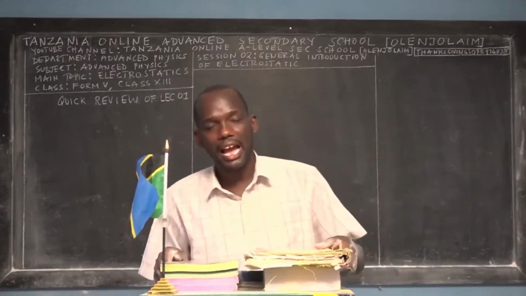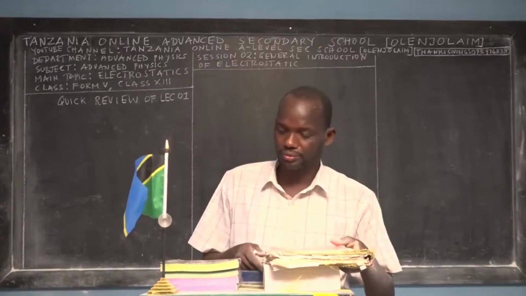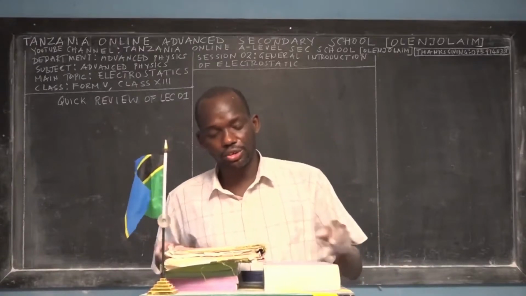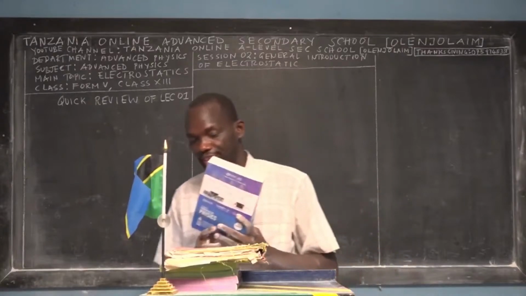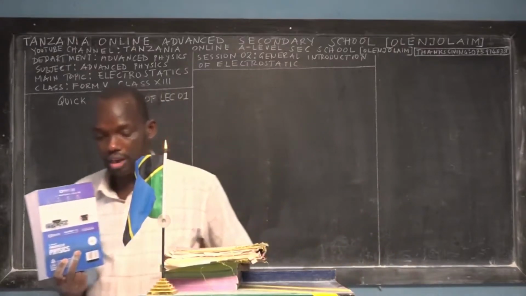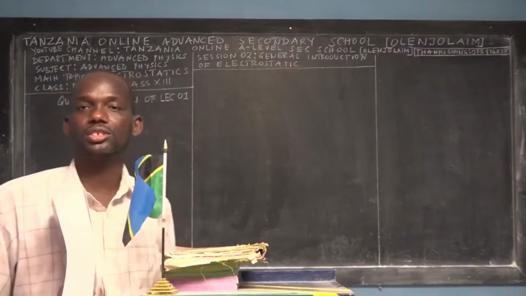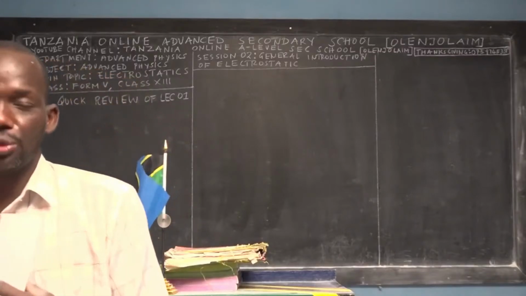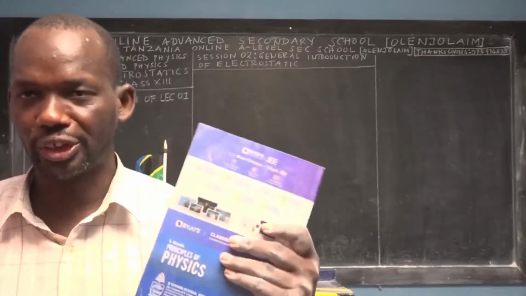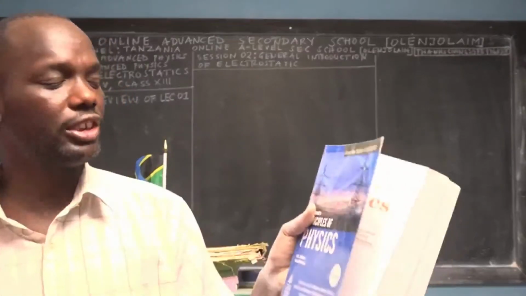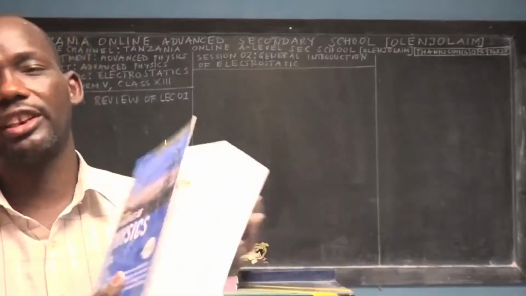So now I want to take you into session 2. But when I take you into session 2, I would like to remind you of some of the items that you need when you are learning physics, and especially electrostatics. You need at least 1 or 2 textbooks beside you on your table when you're learning this stuff. So this is Principal Physics, class 11.